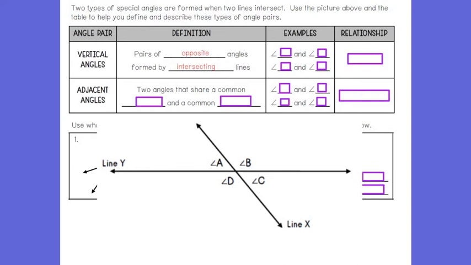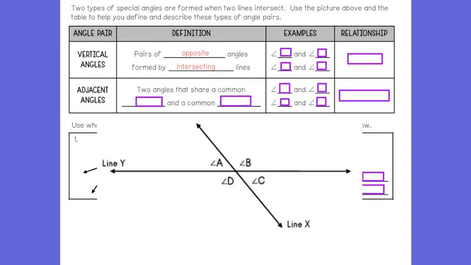They're vertical angles. When I was a child, I could not remember anything, and I had to come up with ways to remember all these definitions.